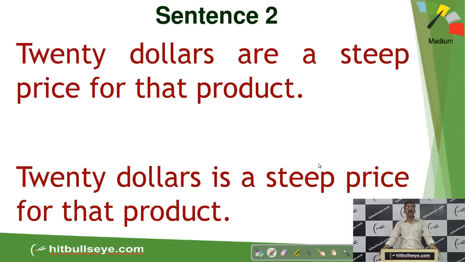So whenever this is the case, the answer is a singular helping verb. $20 is a steep price for that product. For example, if I say 50 kilometers are a long distance, again we'll think that it has to be are. But again, 50 kilometers is a long distance.